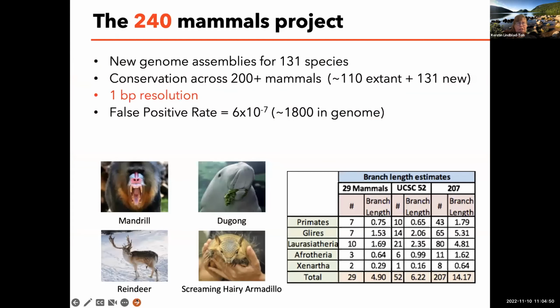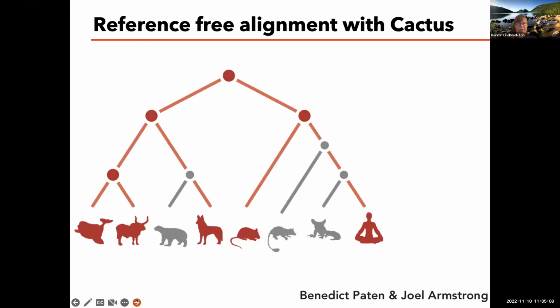For this project, we sequenced 131 mammalian species and combined them with 110 existing assemblies. And this allowed us to get to a position where we have the power to look at single base pair resolution. With this data set, we generated a reference-free alignment with the aligner called Cactus, and this was driven by Benedict Paten's lab.